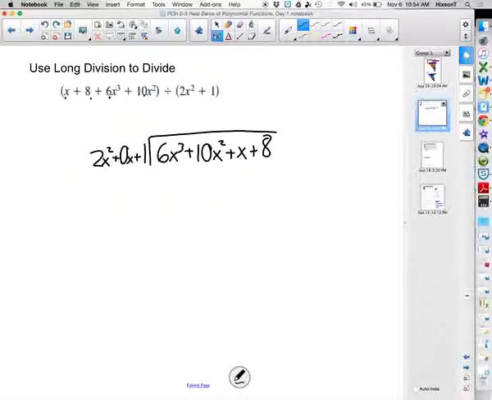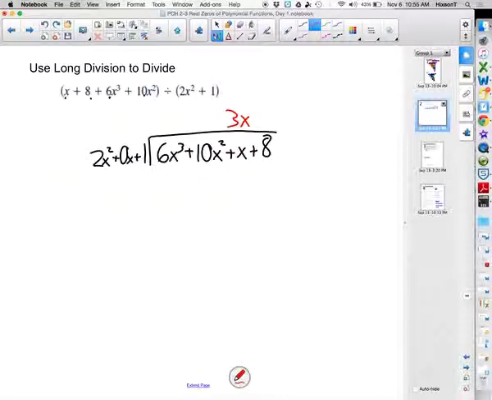So now, let's actually work through the division. What am I going to have first up here? A 3x, right? Because x cubed divided by x squared will give me an x. So notice, there's where my first part of the answer is going to go. It's just a 3x.